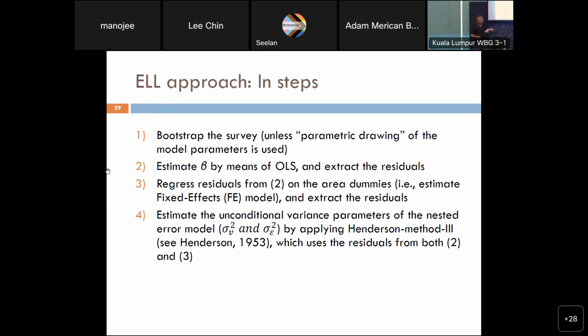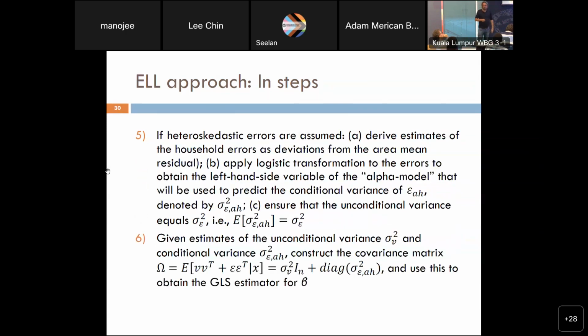It extracts the total residuals, because all you can observe is the total, not the individual area error or household error. You do a nested error decomposition into area error and household-specific error, and you estimate the variance of each. ELL also allows for heteroscedasticity, but I'm going to abstract away from that for ease of exposition. With those variances, you can piece together the variance-covariance matrix of the errors that reflects the spatial correlation structure.